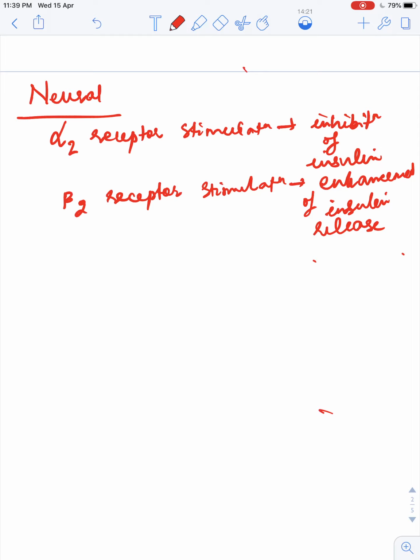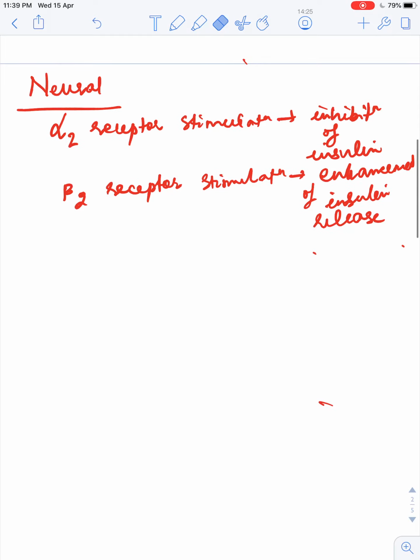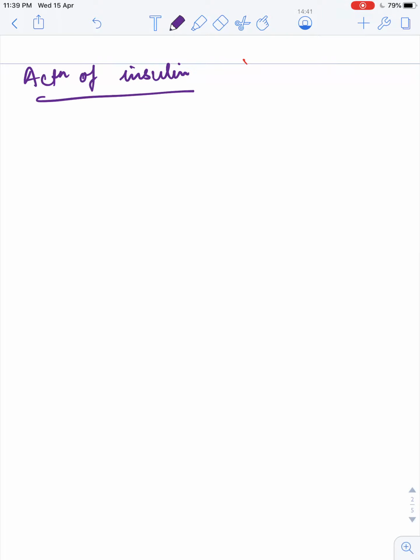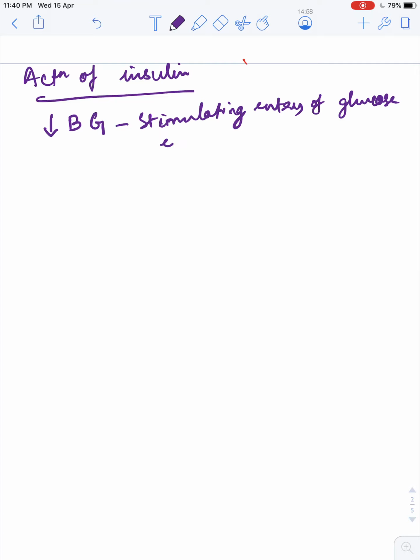Now coming to the actions of insulin. It decreases blood glucose by stimulating the entry of glucose into muscle and fat by increased synthesis of GLUT4.